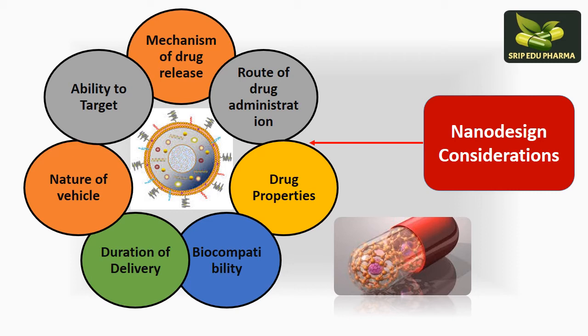Then the nature of vehicle, and then comes ability to target. By incorporating a drug inside a vesicular system or a nanostructure, we give the drug the ability to be targeted. We can bind it to a ligand.